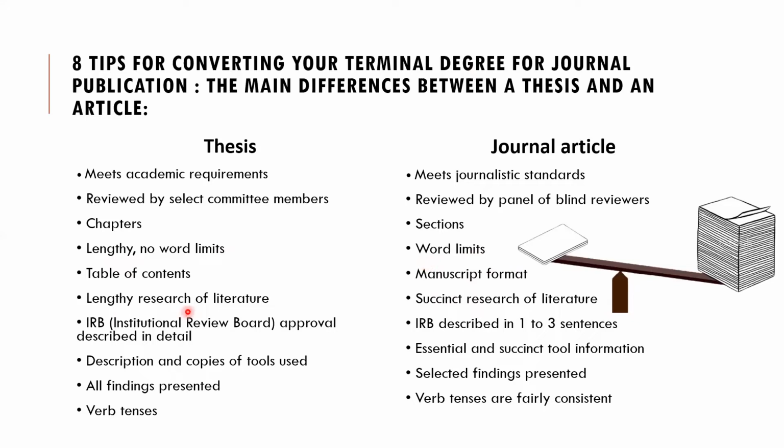The review of literature in a thesis is lengthy, with a lot of discussion, especially in chapter 2, the literature review. There are a lot of details about your variables and the phenomena you are studying, all mentioned in the thesis.